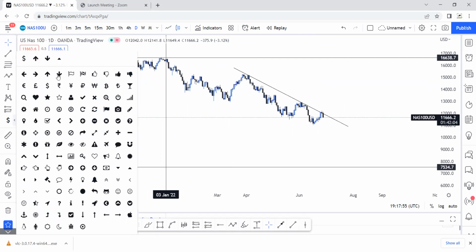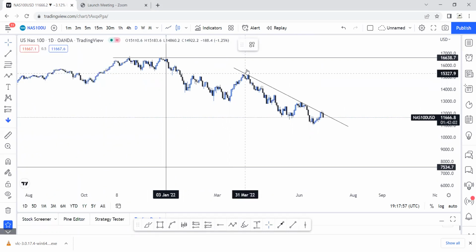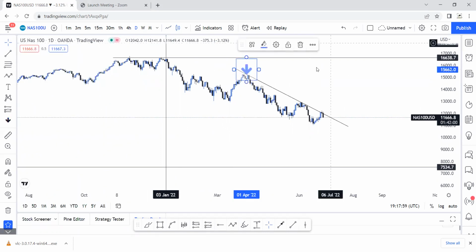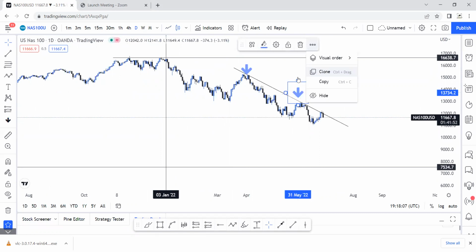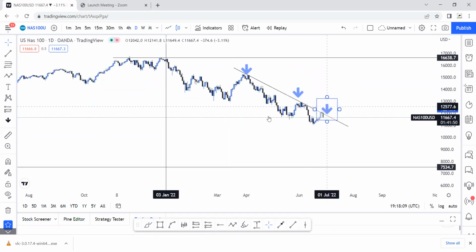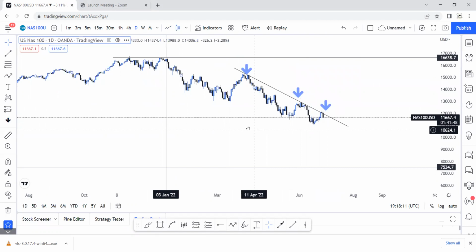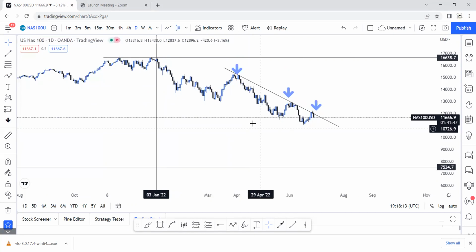We have a certain trend direction there. First touch, second touch, and of course, third touch.